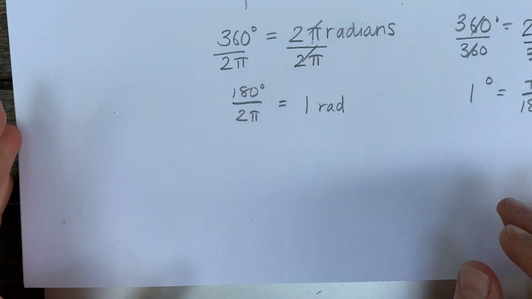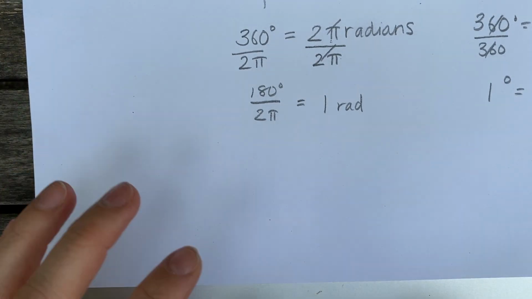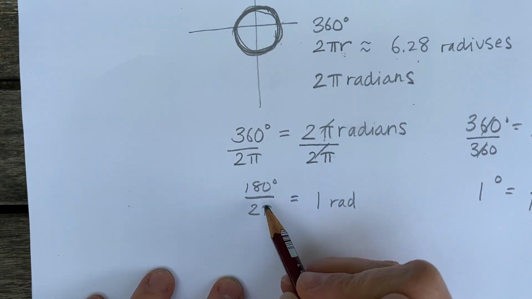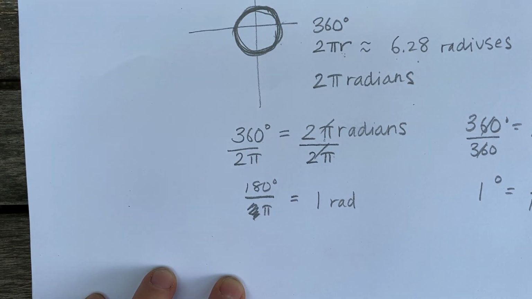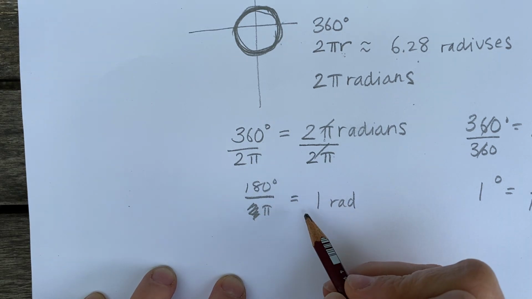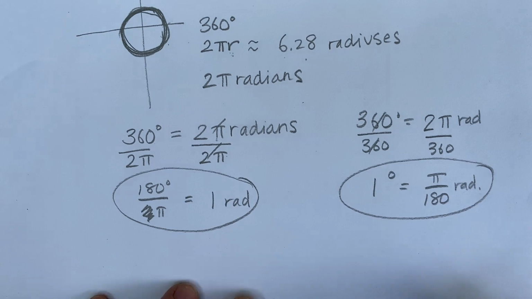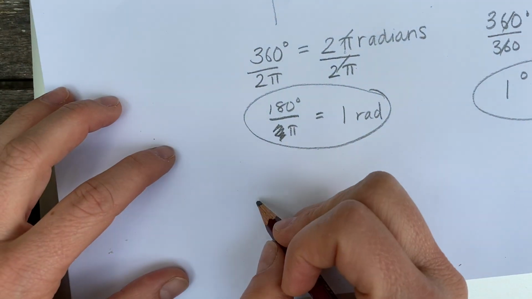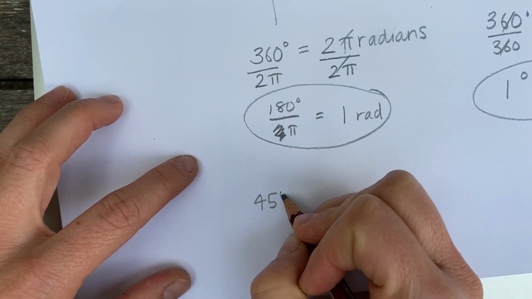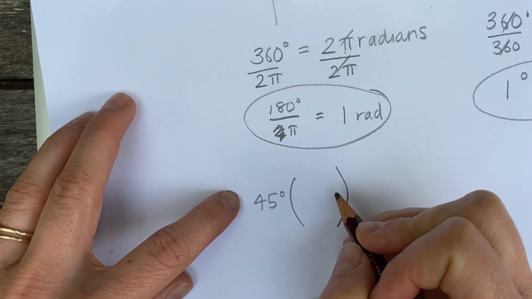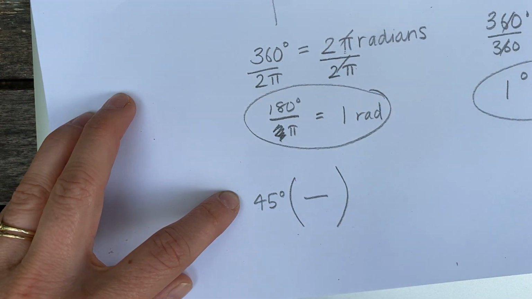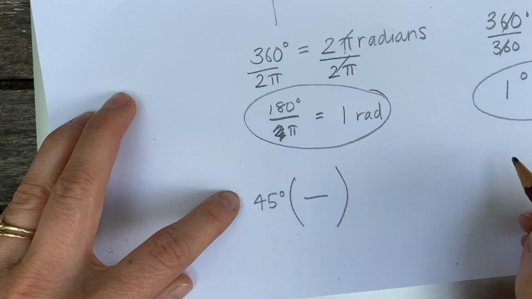So if I wanted to convert back and forth, I can use, whoops, this should not be there. It should just be pi. My bad. We can use these formulas here. So if I want to know how many radians 45 degrees is, I'm going to multiply so that my degrees cancel out.